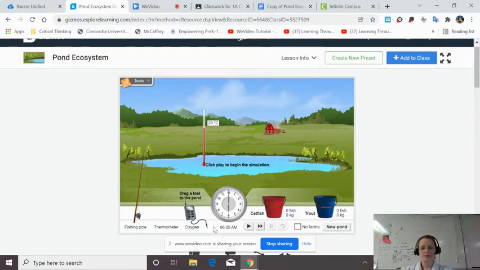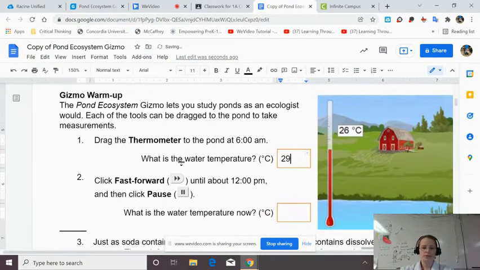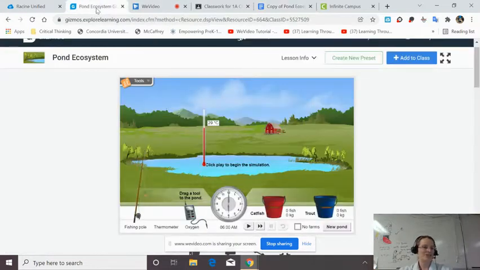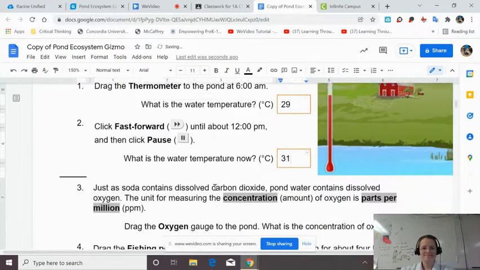About 29 degrees C, and you can see it's 6 a.m. Fast forward until about noon and then click pause. I'm just watching the clock down there. Pause. 12:09, close enough. So we see it went from 29 up to 31. What's the temperature now? It's 31.